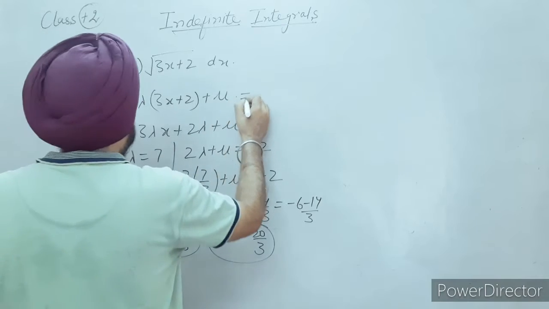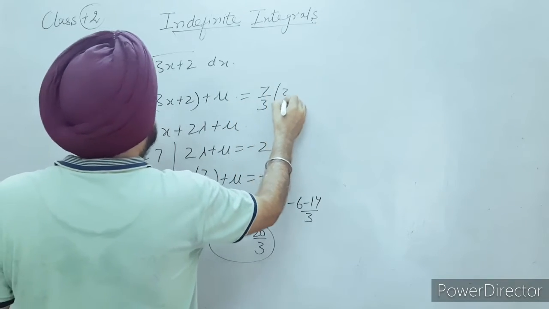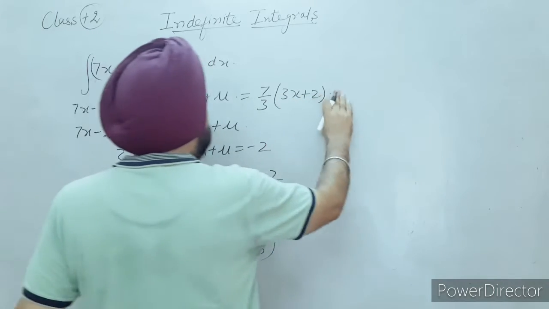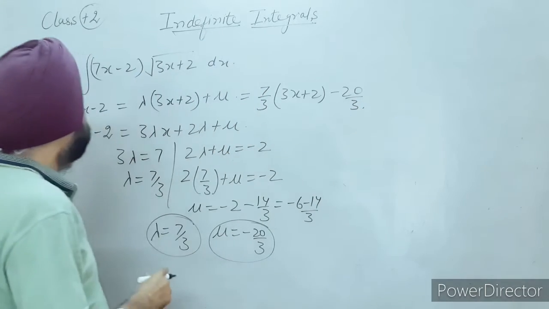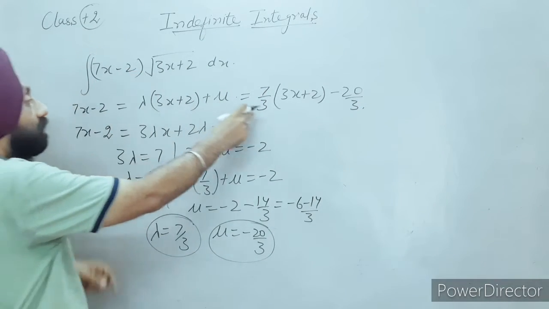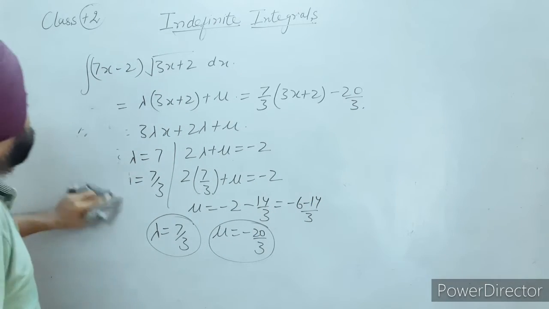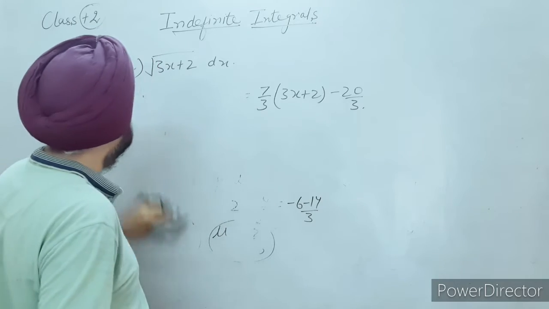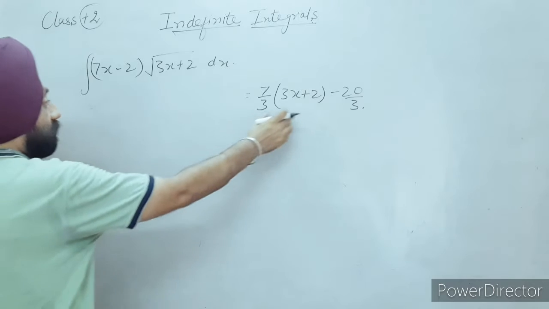What I get is 7 by 3 times 3x plus 2 plus mu, which is minus 20 by 3. Now replace 7x minus 2 with this expression.